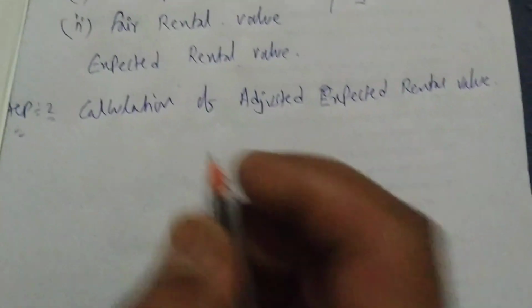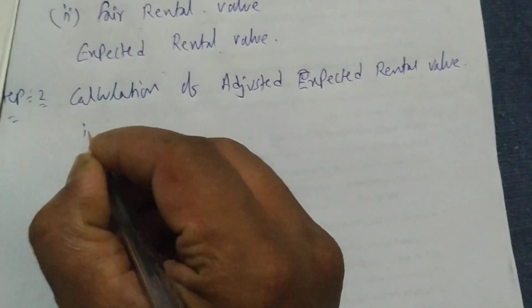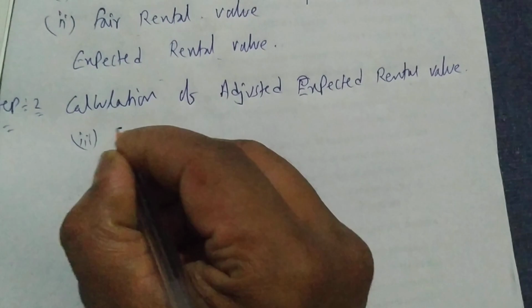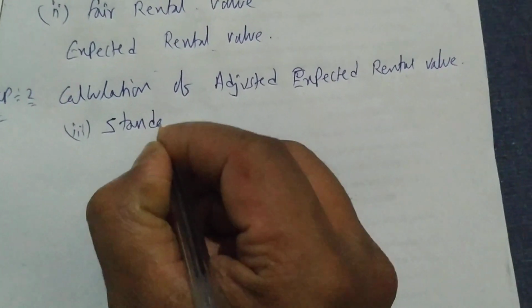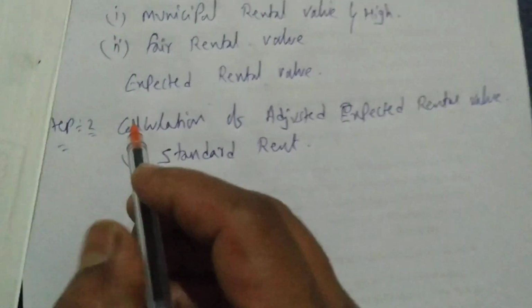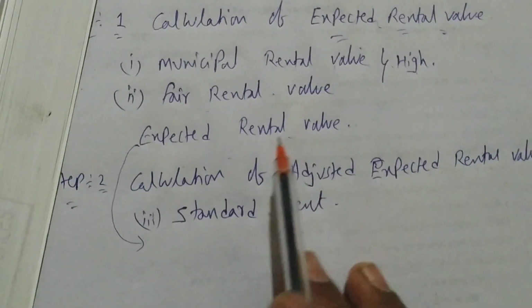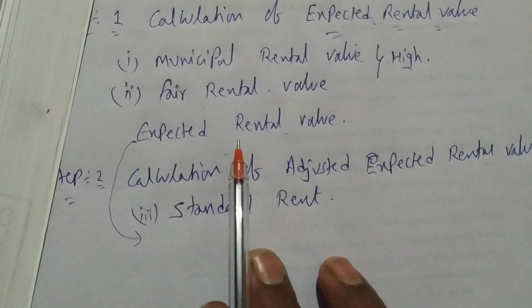How to find it? We need 2 things for this: standard rent and the answer which we get in step 1. The answer which we get in step 1, we have to compare here.